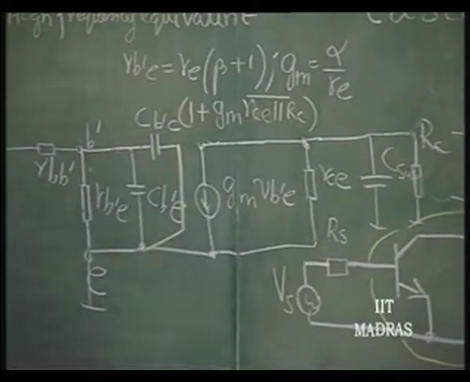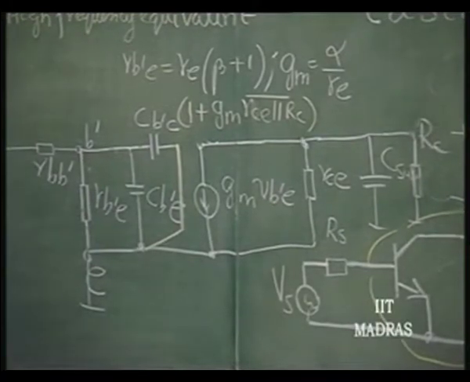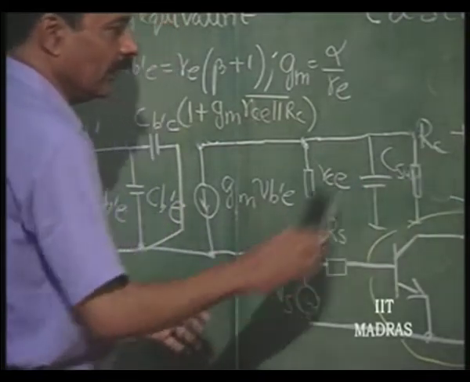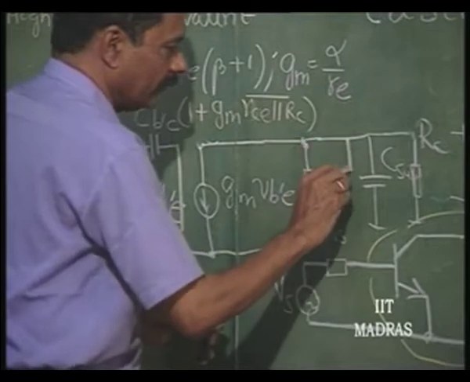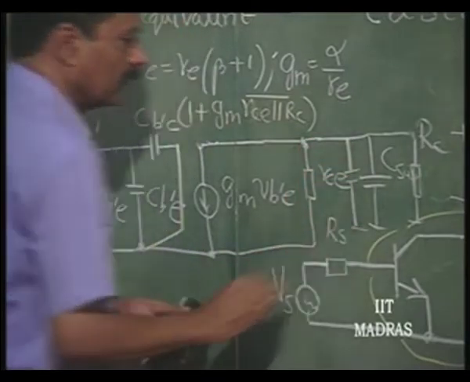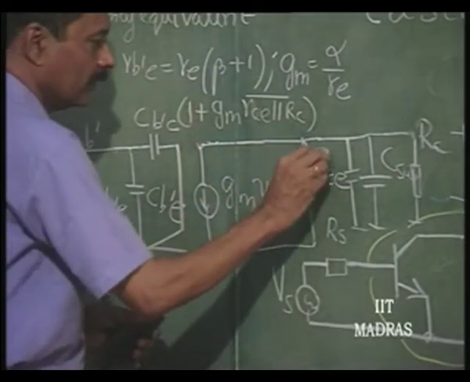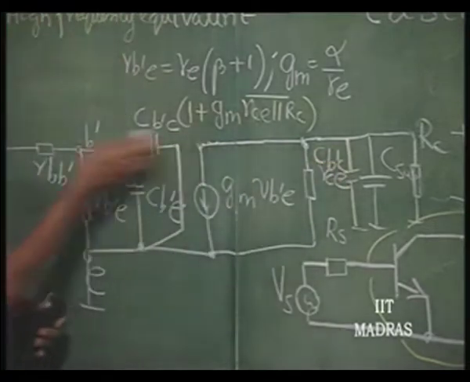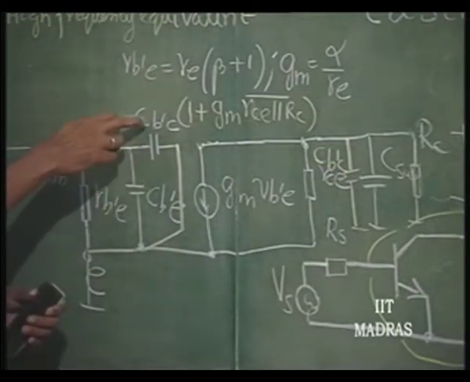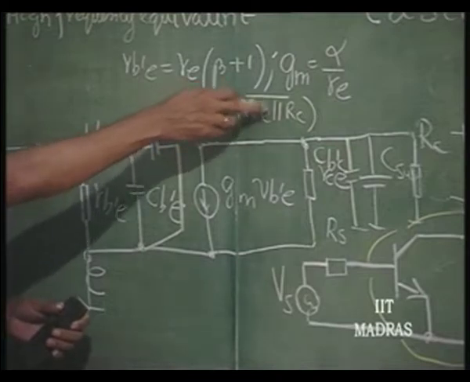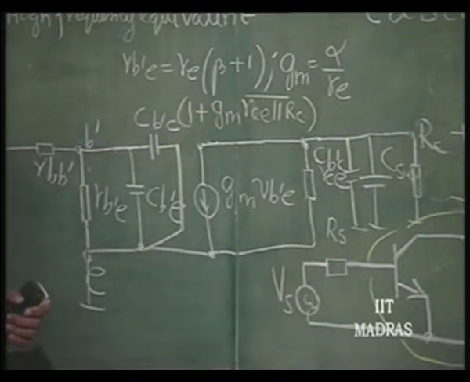So, RC parallel RCE is very nearly equal to RC itself, that we had earlier mentioned, and across this now we have a capacitance of Cb dash C coming into picture. The Miller effect is at the input it will be Cb dash C into 1 plus Gm RCE parallel RC, and at the output it is Cb dash C itself very nearly.